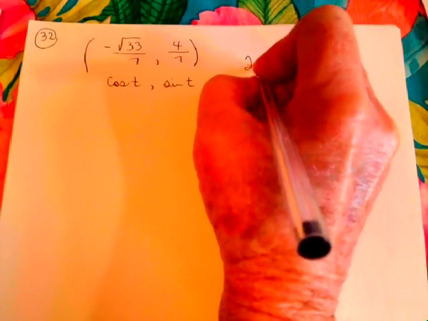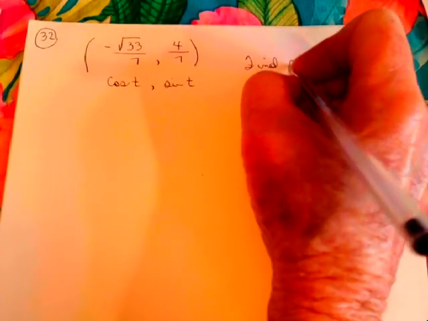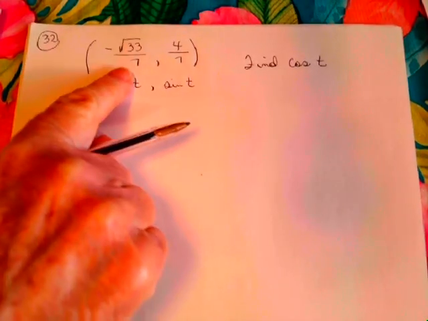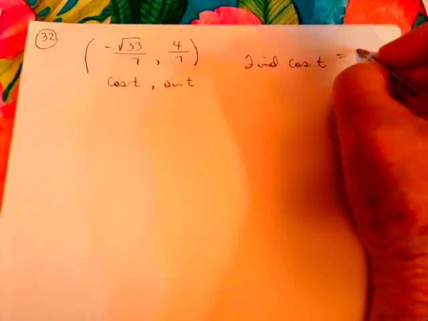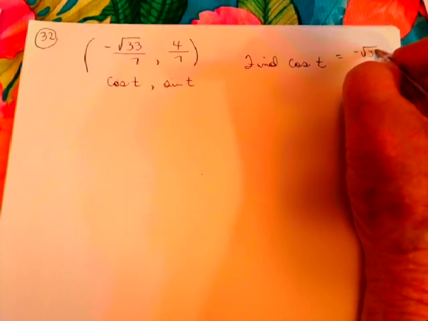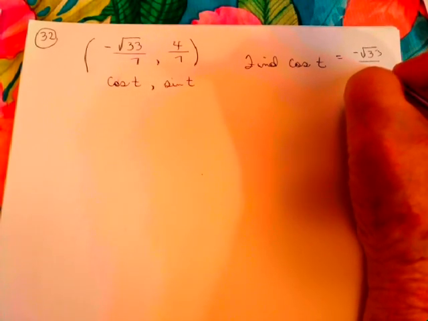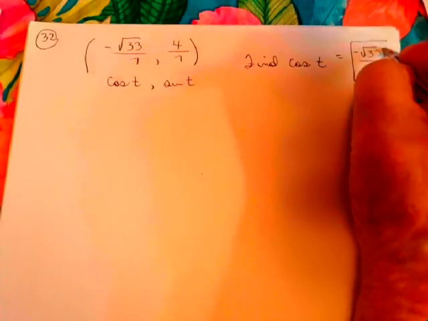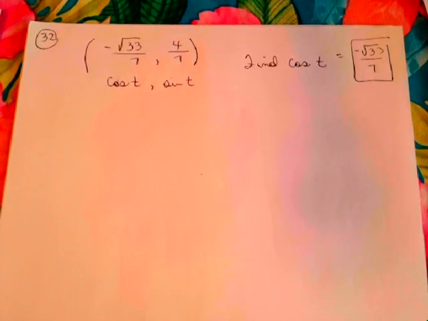They want me to find cosine of t. Well, they just gave it to me. There it is. It is negative square root of 33 over 7. No problem.